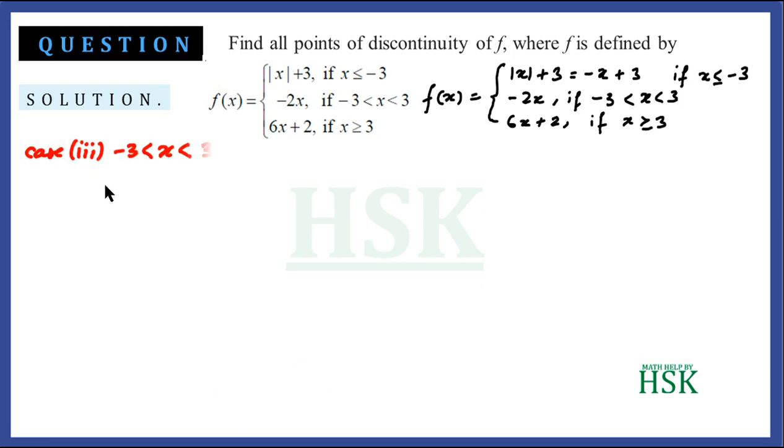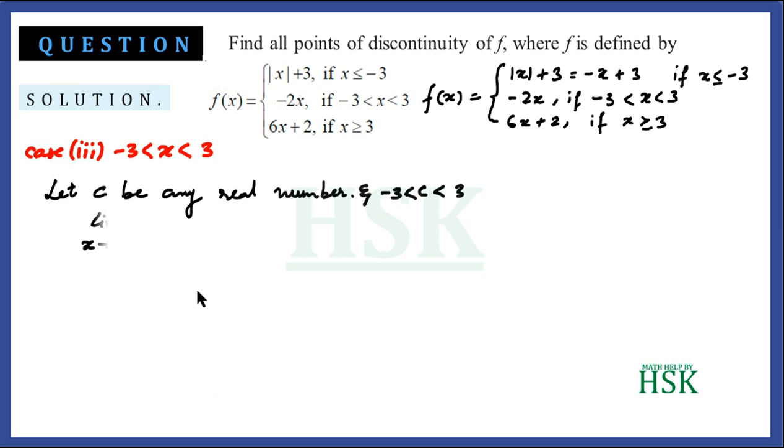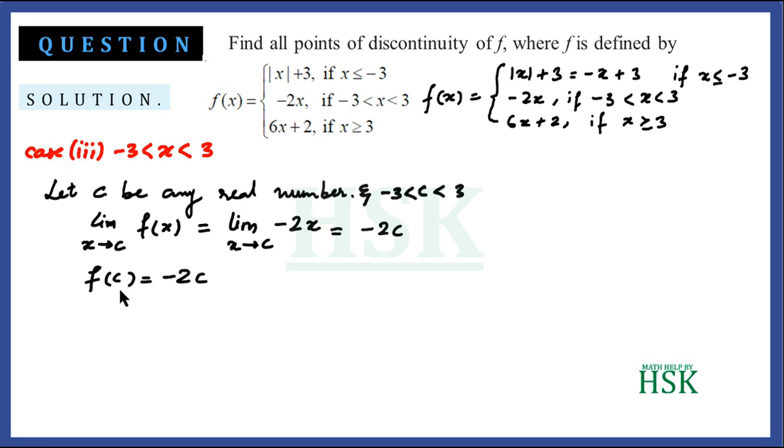Now we are going to take the third case when x lies in the interval minus 3 to 3, or x is greater than minus 3 and less than 3. So let c be any real number and c lies in this interval. So limit of x tends to c for this function f(x) would be equal to limit of x tends to c of minus 2x, and this would be equal to minus 2c, and the value of the function at any point c in this interval would be equal to minus 2c.